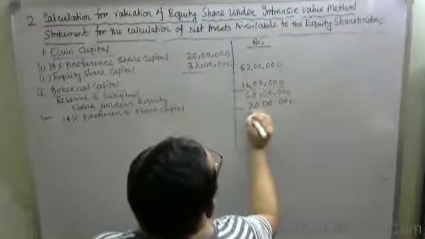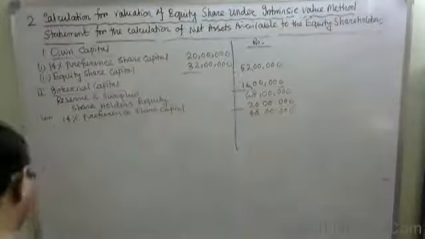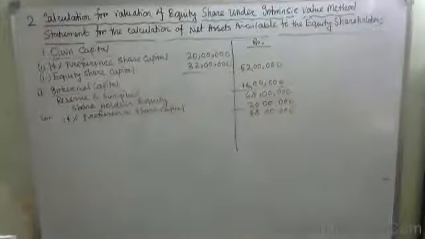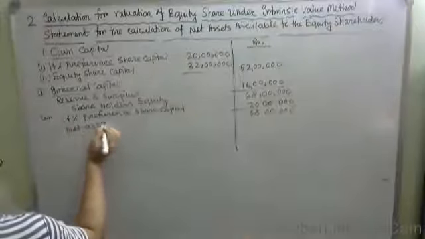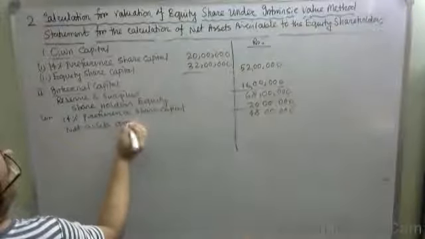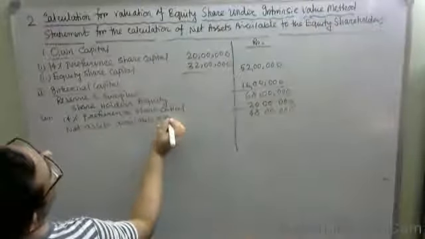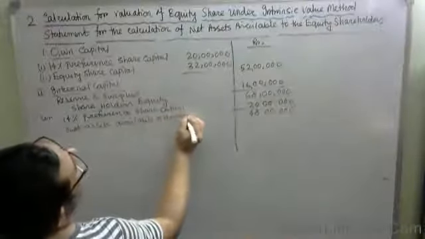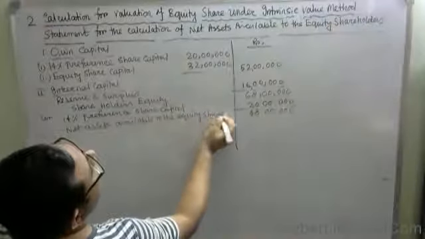It is 48 lakh. So net assets available to the equity shareholders.